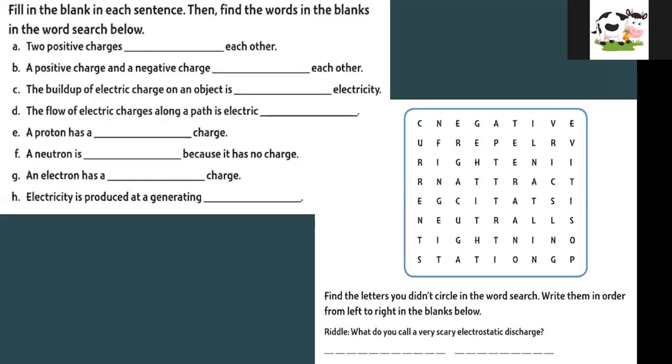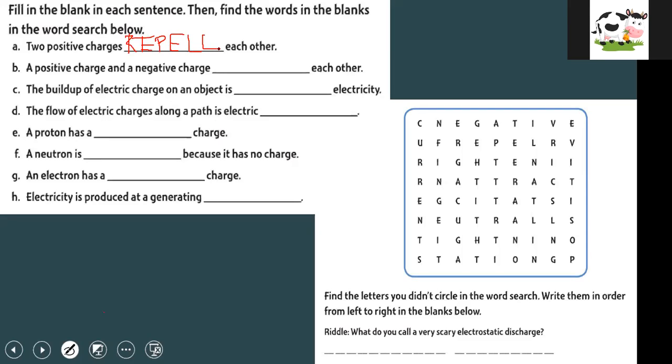So the first one is two positive charges. What do they do to each other? I think Tong had written this in the chat box, so I'm just going to write it down. Repel. Oh, attract. Two positive charges repel. Okay, he said attract. I'll just write this one.